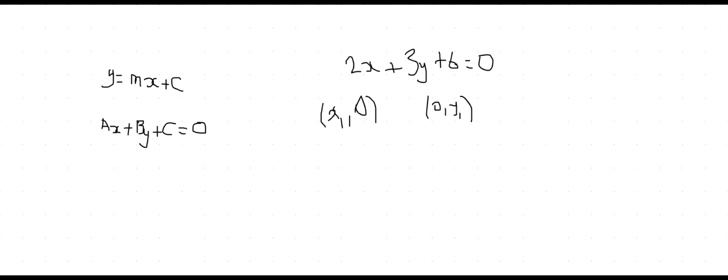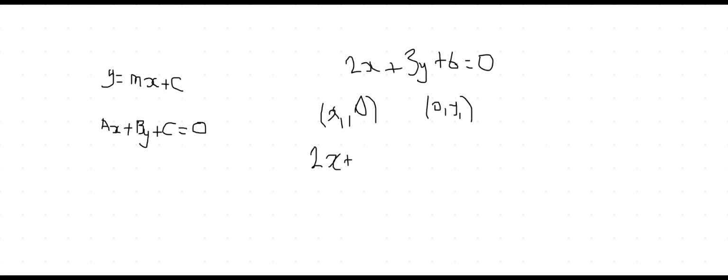So you say on the x-intercept, y is equal to 0. To find the x value on the intercept for this line, you just replace y with 0, and then you solve the equation. So let's do that. 2x plus 3, what is y?